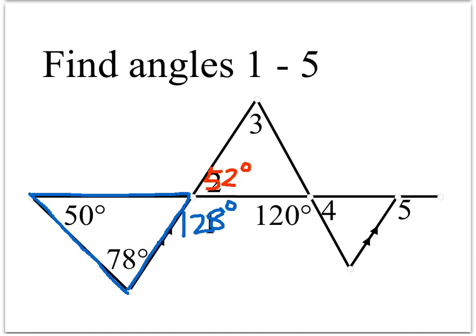Now, for angle 3, that is an angle in the middle triangle, and the 120 degrees is actually an exterior angle to that, and angle 2 and angle 3 are remote interior angles. So what I could do is say that the exterior angle is equal to angle 2, which is 52, plus the measure of angle 3, and solve it that way.